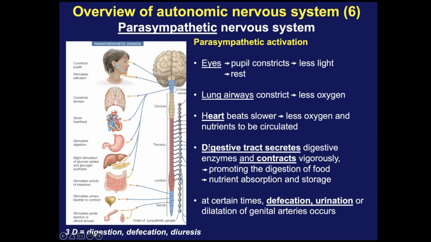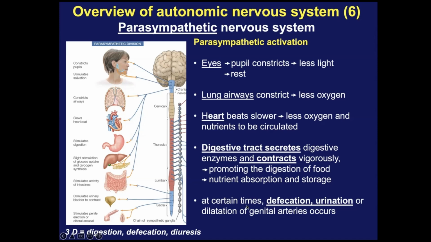In contrast, the digestive tract or the GI tract, as shown here, secrete digestive enzymes and contract vigorously to promote the digestion of food, to increase the nutrient absorption and to facilitate the storage of the energy in the body during the parasympathetic activation.